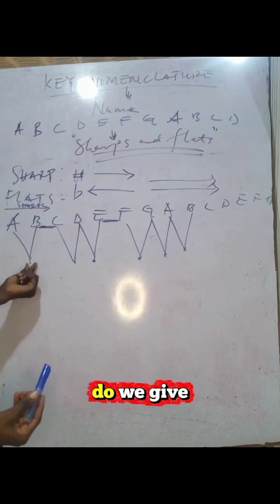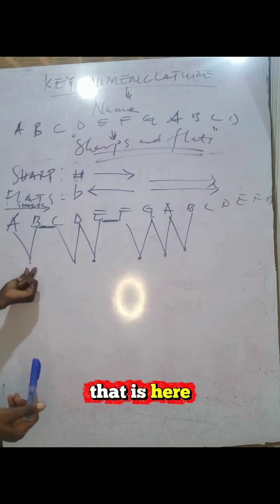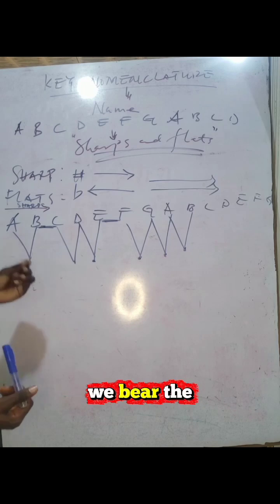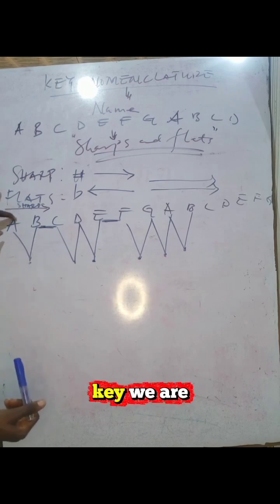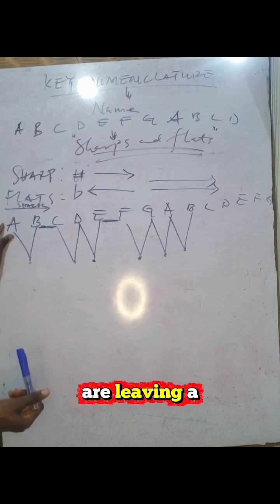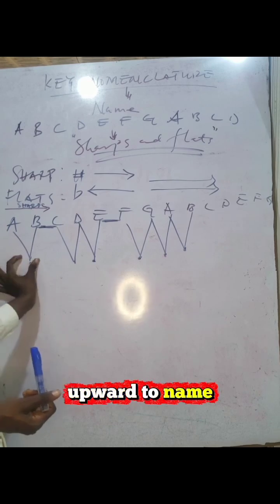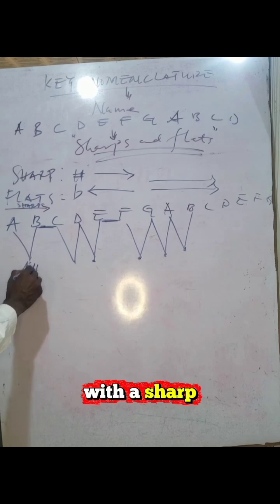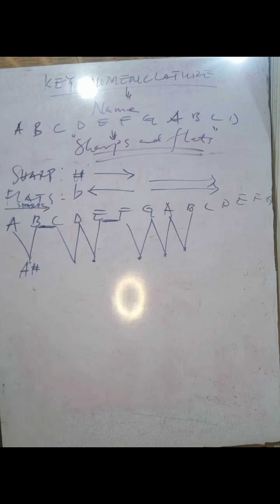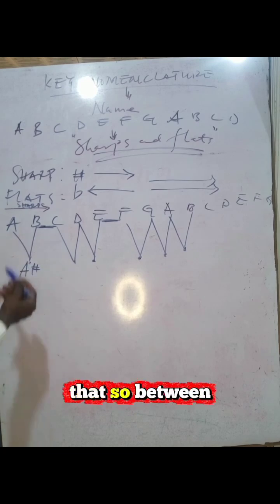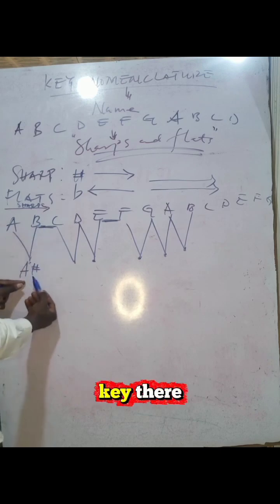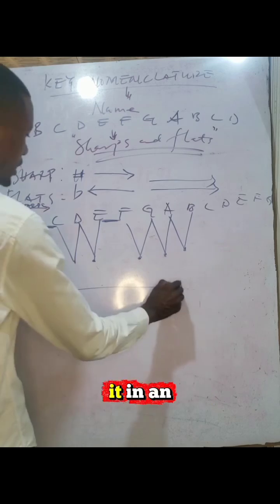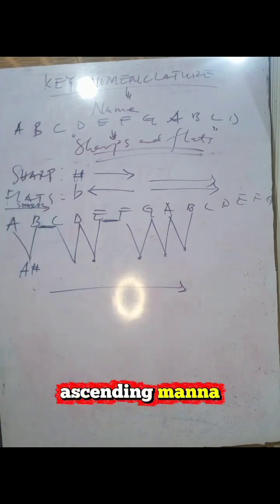So what name do we give to it? It bears the name of the key we are leaving, so we are leaving A, moving upward to name this key, and it will bear the name with a sharp added. So between A and B, there is a key there, which is A sharp, because we are naming it in an ascending manner.